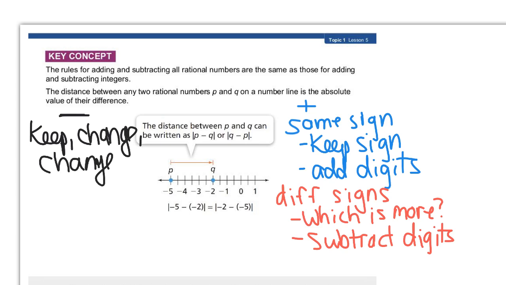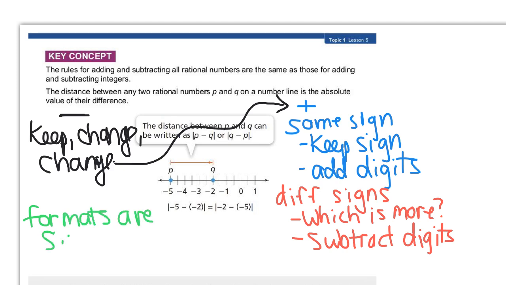And then guess what? Once you do that, it becomes an addition problem, and you're going to follow those rules. And then finally, I want you to make sure that your formats are similar. You're either going to use all decimals or you're going to use all fractions, but you need the same format.